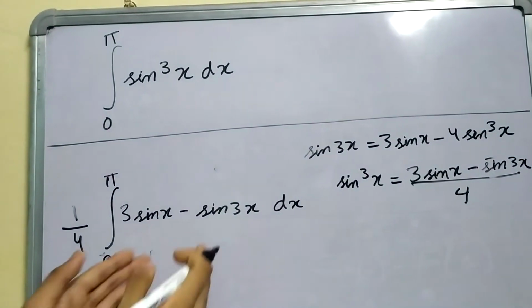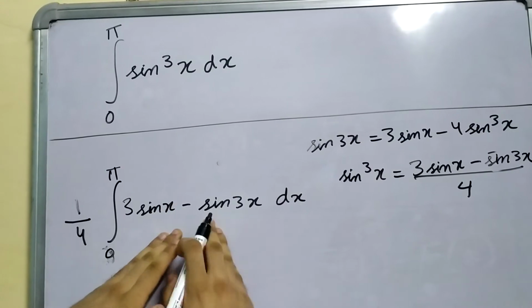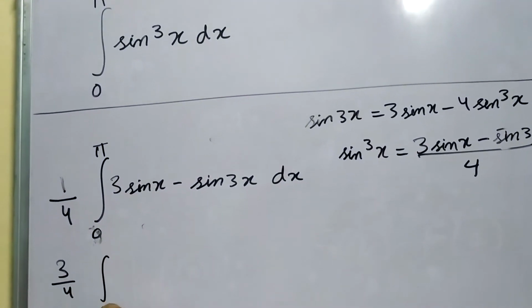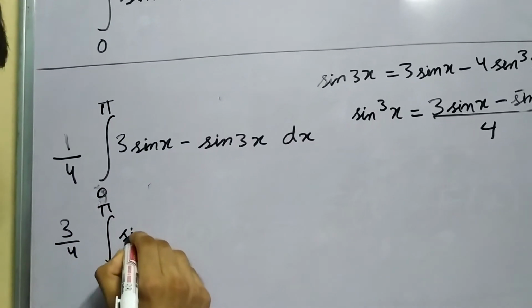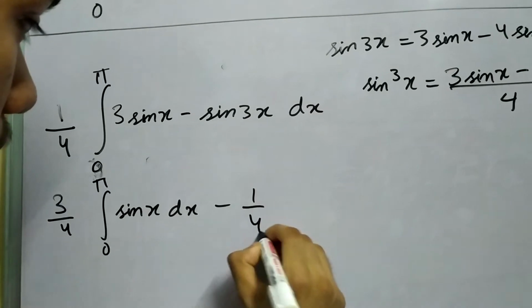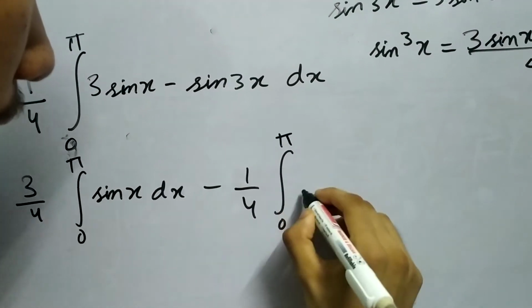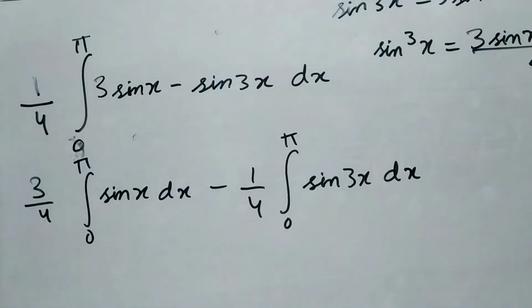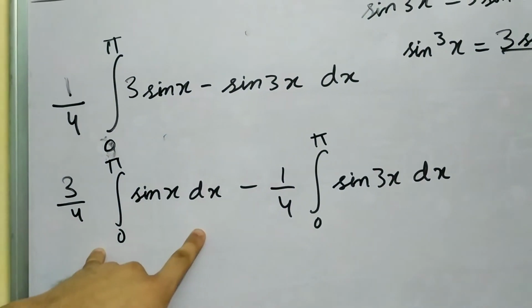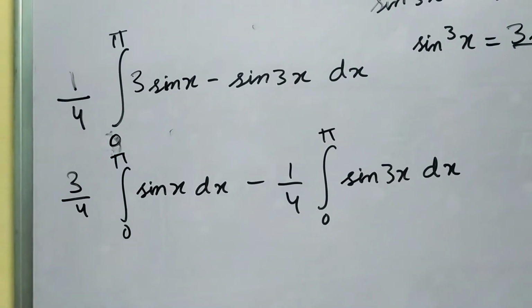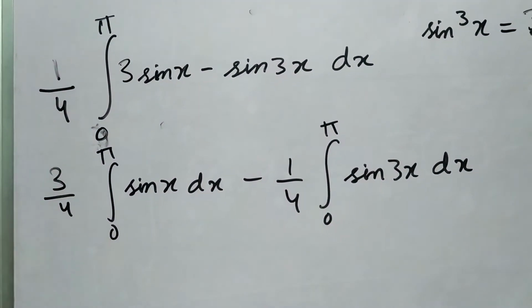Now, using a property of standard results for integrals, we split this out, so we get 3 by 4 times the integral from 0 to pi of sine x dx, minus 1 by 4 times the integral from 0 to pi of sine 3x dx. The first is minus cos x, and we need to evaluate the second one.